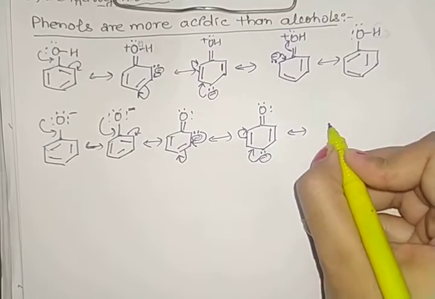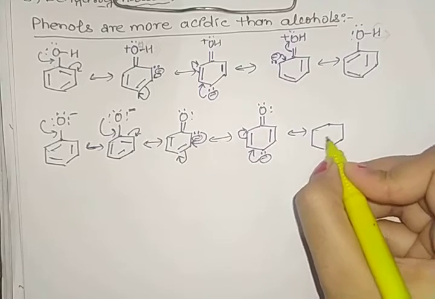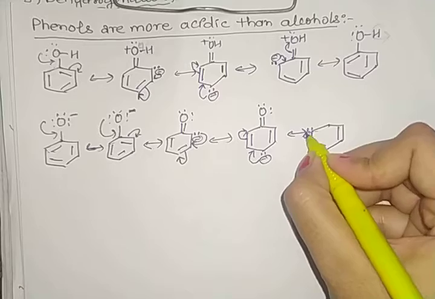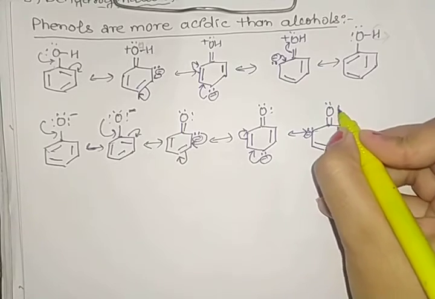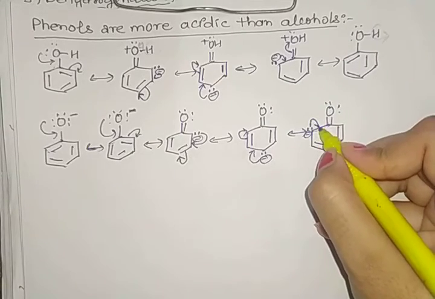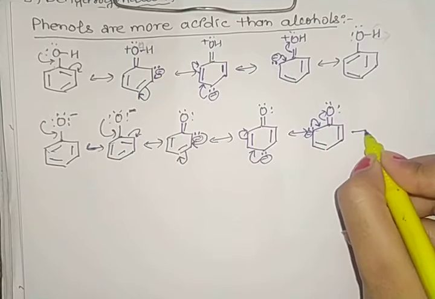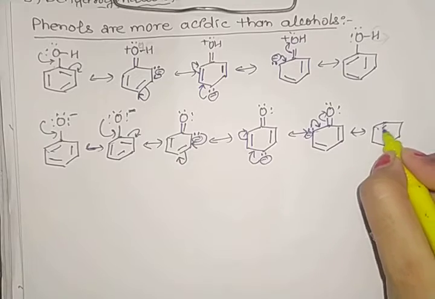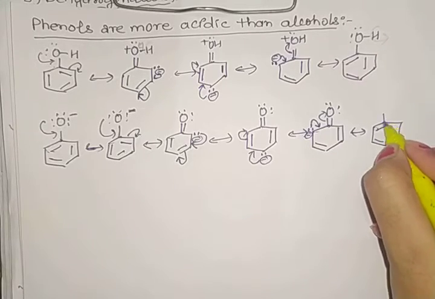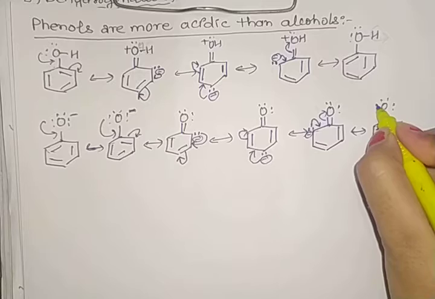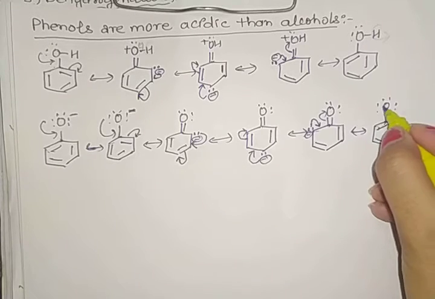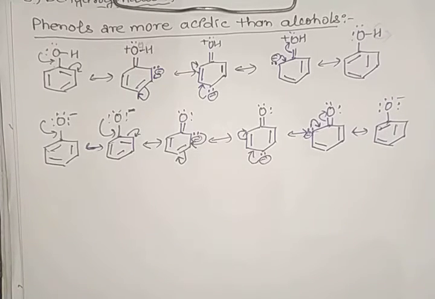So the structure now has a double bond here, a double bond here, plus electrons with a negative sign, and here we have oxygen. Again the electrons are transferred, so we have double bond, double bond, double bond, and here oxygen with a single bond. Clear? And when it accepts the electrons, it is again negative.